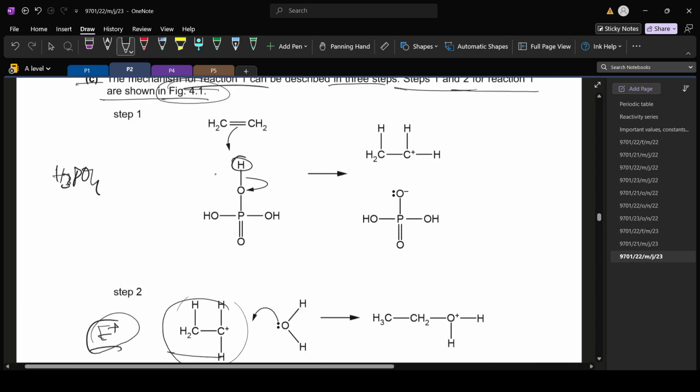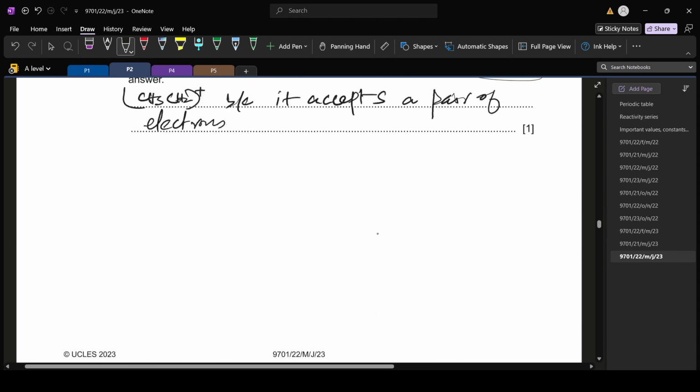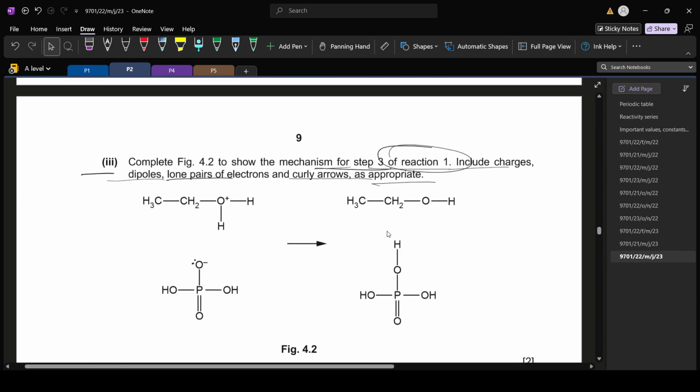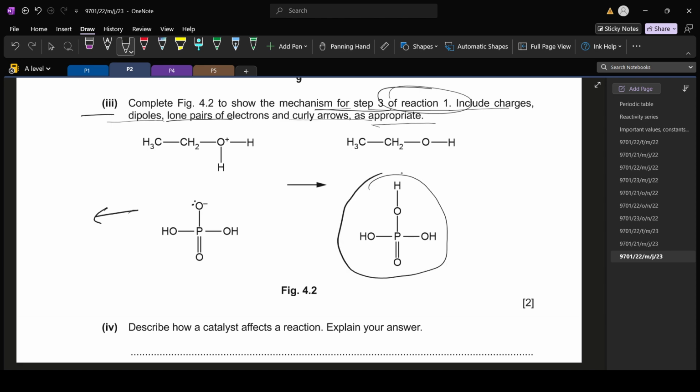Phosphoric acid is actually the catalyst, and a catalyst will reform like this. It will accept a hydrogen.